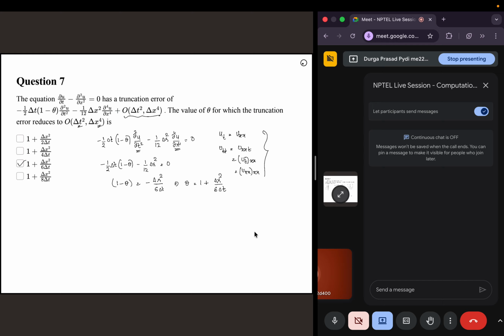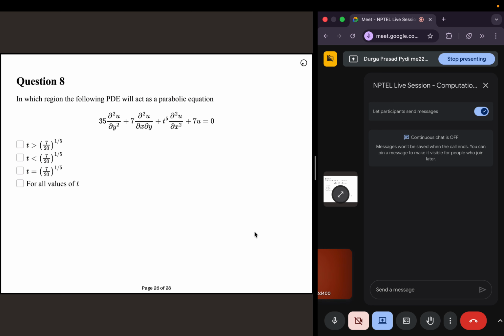If you can figure this out, the faster you get to the solution. Okay, this is again the equation that I told you before. This is something of the form a uxx plus b uxy plus c uyy plus something equals 0. For a parabolic equation, we need to know the discriminant is 0.